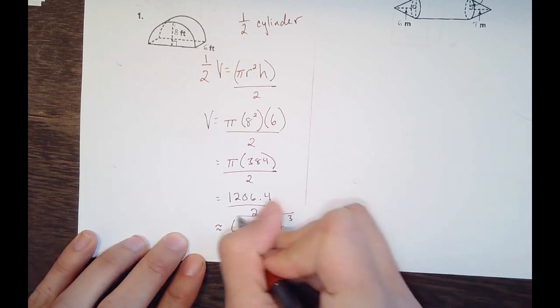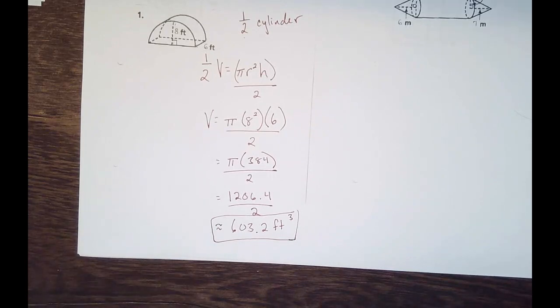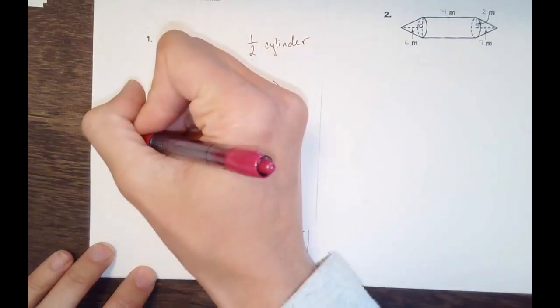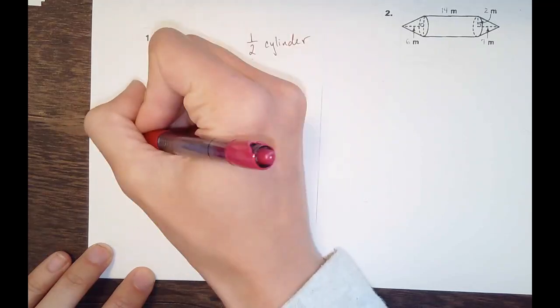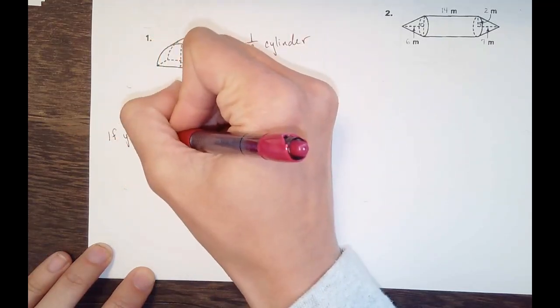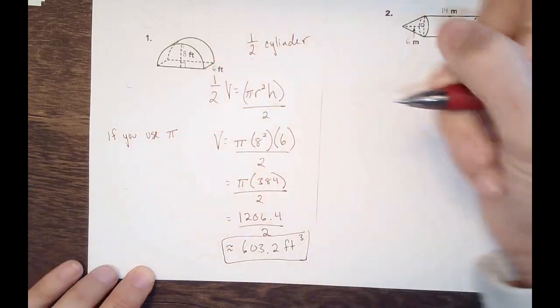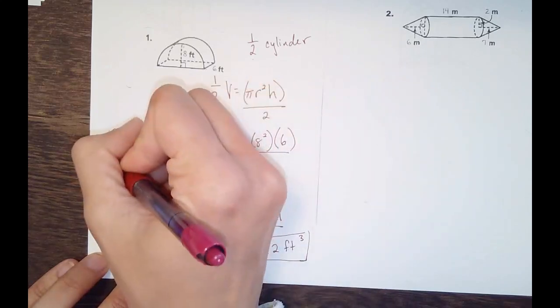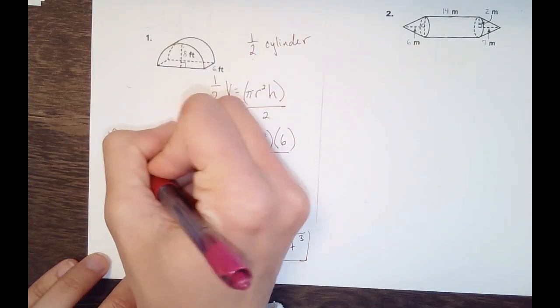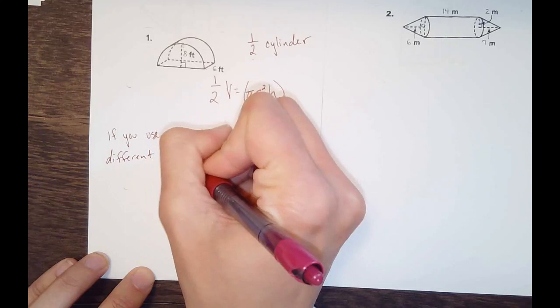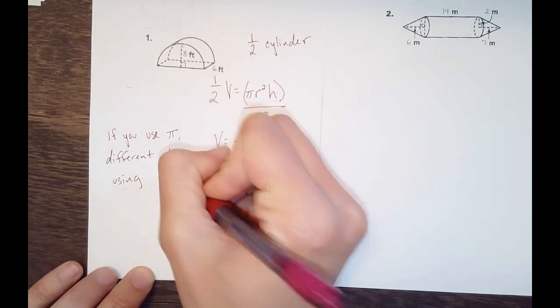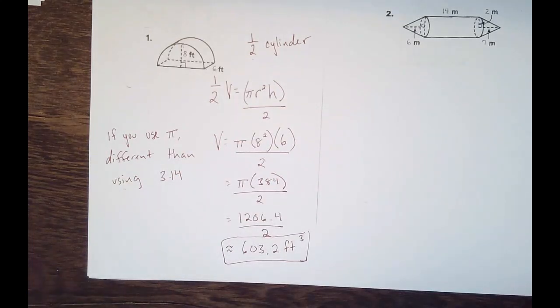Now, something to note is if you use the pi button on your calculator, it's going to be different than using 3.14. Sometimes when you've been working on some of the problems, your answer would be really close, maybe 1 digit off.